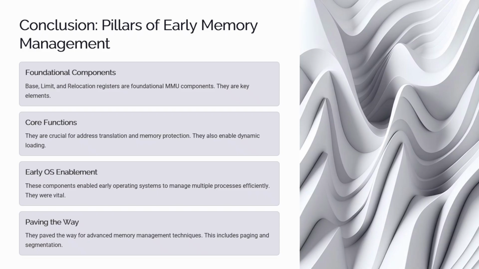These mechanisms made early multitasking and multi-user operating systems possible, paving the way for modern memory management systems like paging, segmentation, and virtual memory. Though they are simple, they are still widely studied because they show the core principles behind memory safety and efficiency.